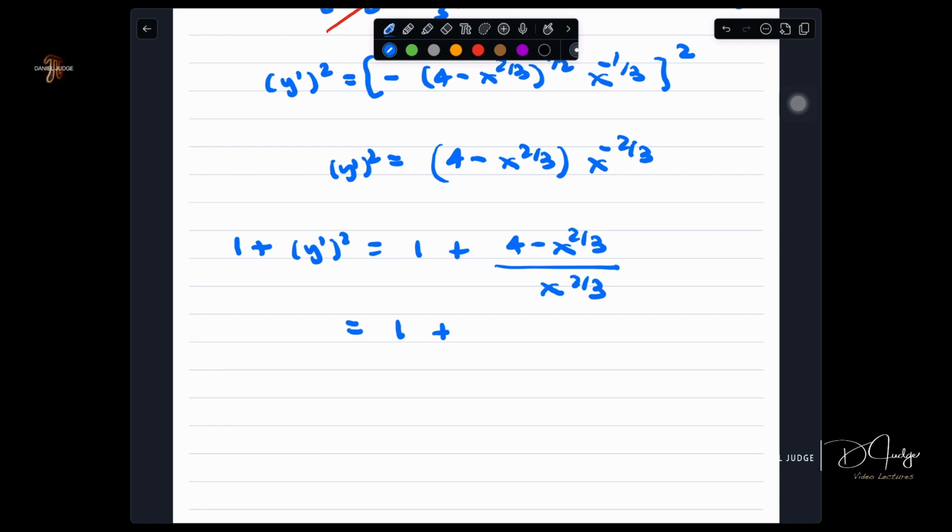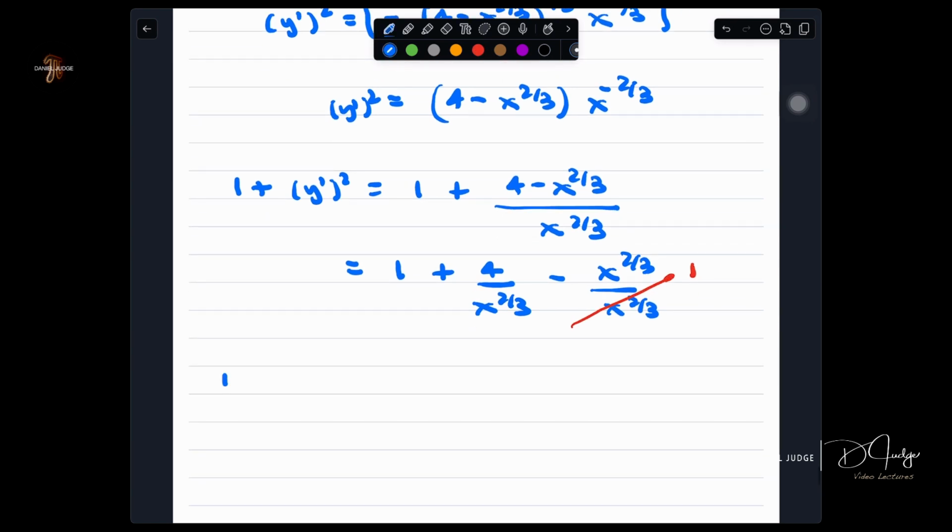And I guess we can say we're going to distribute this x to the 2/3. And we'll get some simplification here, where this is going to be a -1, really. So that we have 1 plus y prime squared becomes 4 over x to the 2/3.